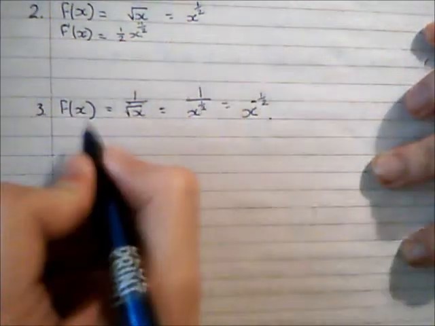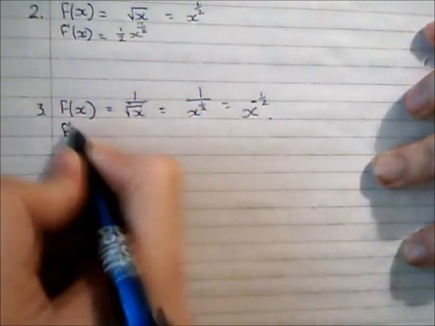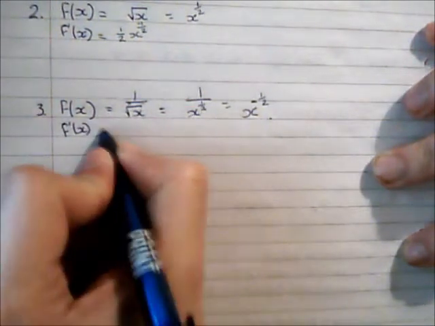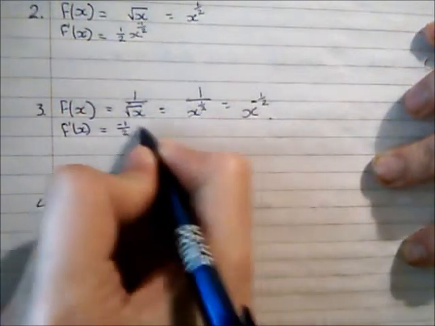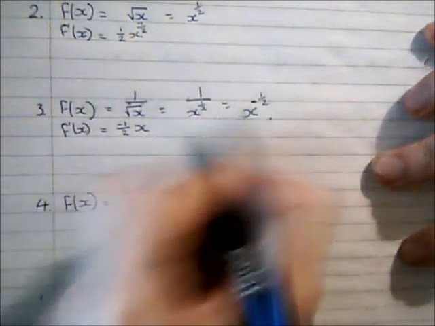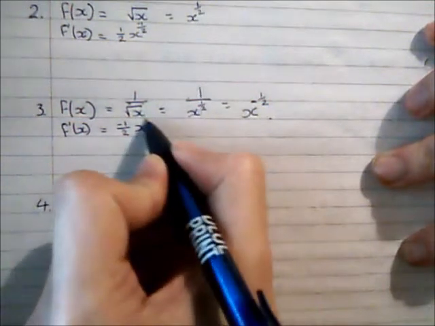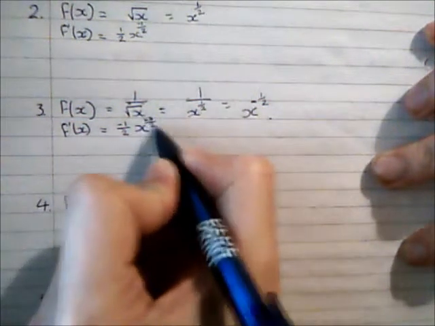And now I can differentiate. So f dash x is equal to, move the negative a half to the front, x reduced the power by 1, so that's negative 3 over 2.